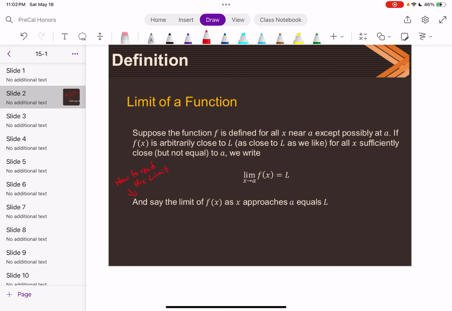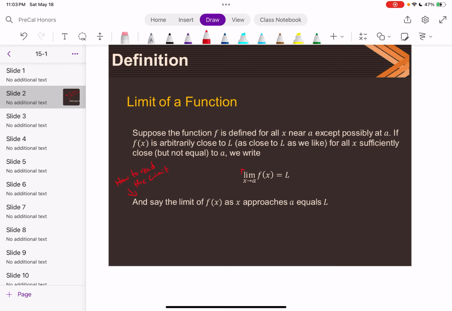Now, there is often a lot of confusion as far as, is the x approaching a over to the right-hand side? Is it underneath? Does it go before it? This is exactly what it would look like right here. So you would have the limit of f of x as x approaches a is equal to L. This can generally be broken down into 3 steps on how to read.